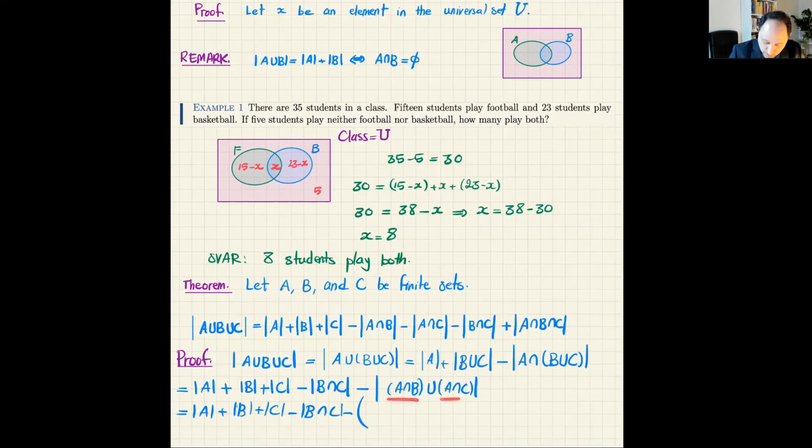This is two sets. The cardinality of the union of two sets is the cardinality of the first one plus the cardinality of the second one minus the cardinality of A intersection B intersection A intersection C. Hopefully I can fit it here.